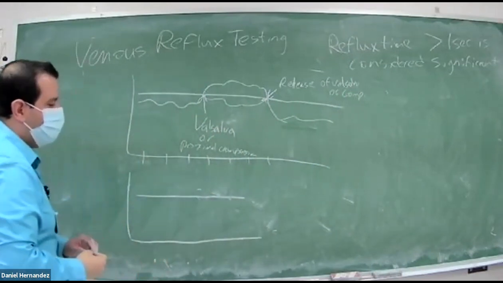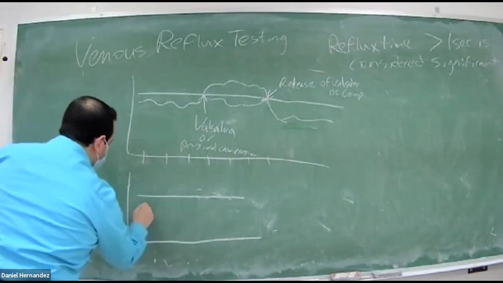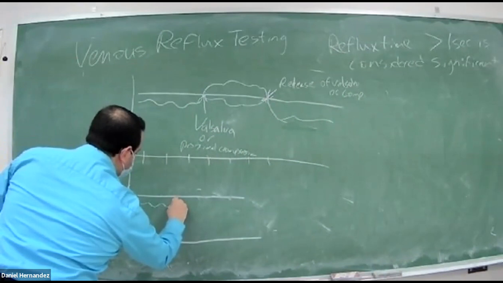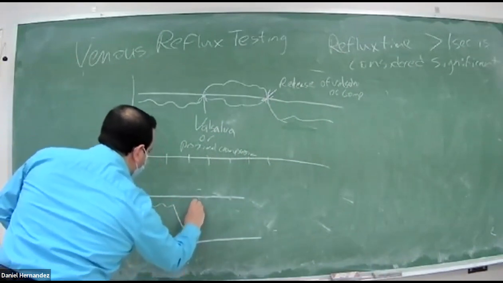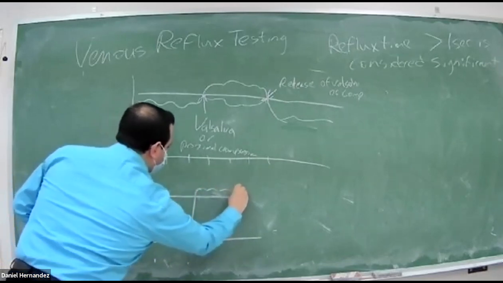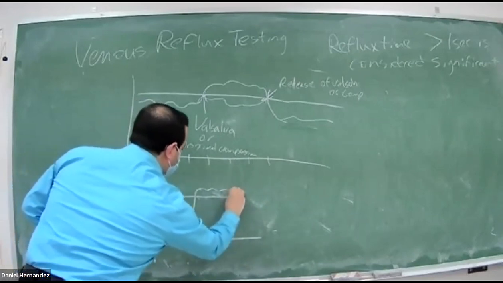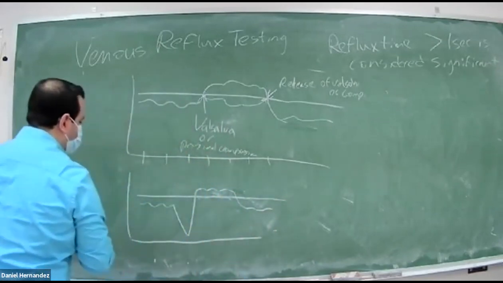So if we're using the distal compression method, it's going to look a little bit different. So we'll have our normal venous waveform. And when we do distal compression, we're basically augmenting. We're doing an augmentation. And then when we release that augmentation, we see reversal of flow and a return back.